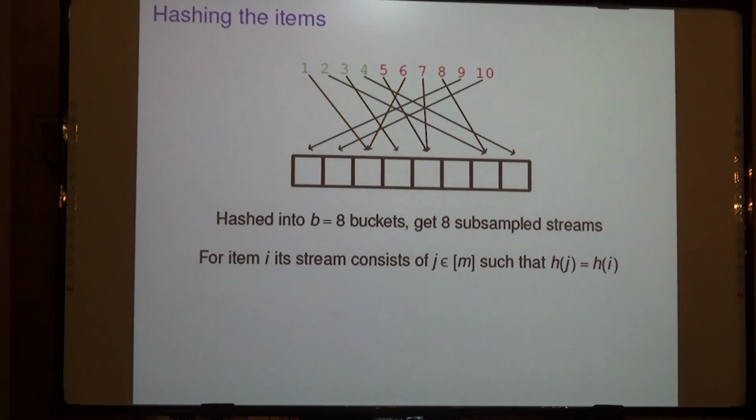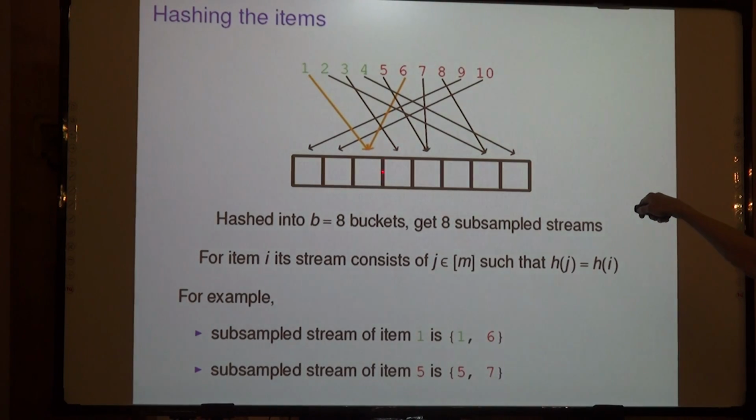For example, in this case, 1 and 6 got hashed together to bucket 3. So the hashed stream that we'll run the basic estimate on to get an estimate for 1 just consists of 2 items, 1 and 6. So we'll get a pretty good estimate for 1, because it will only be contaminated by 6. Say the subsampled stream of 5 just contains the items that hashed into bucket 5. This is a coincidence: items 5 and 7.